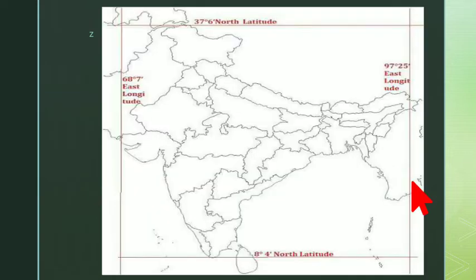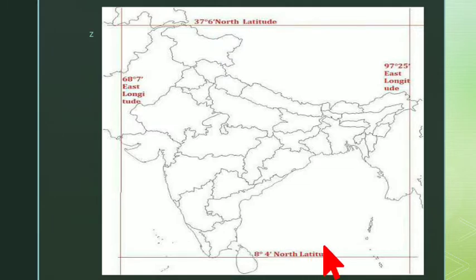So when we get a question to write about the latitudinal extent of India, what do we mostly refer to? India lies between 8 degrees 4 minutes north and 37 degrees 6 minutes north latitude. Your 8 degrees 4 minutes north comes down, and your 37 degrees 6 minutes north comes up.